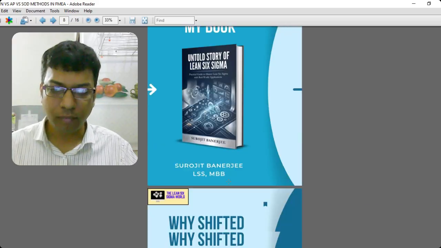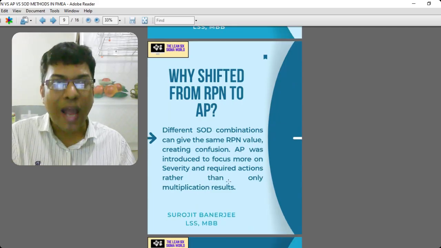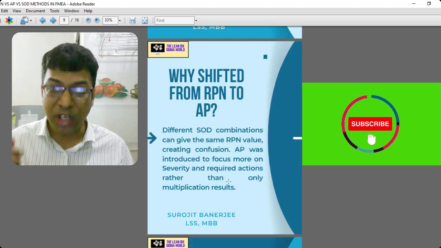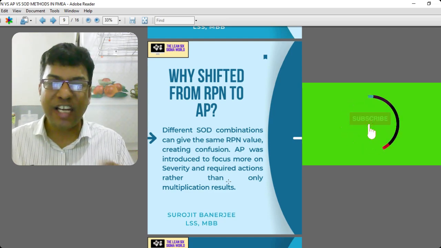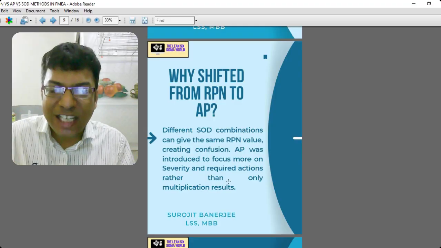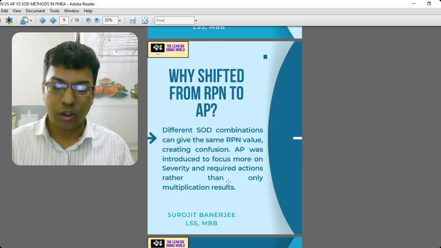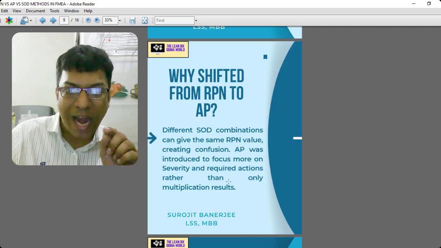Now, we need to understand why we are shifting from RPN to action priority. Because in the RPN number, there is a multiplication of severity, occurrence, and detection. So if you change the combination of SOD, you will get the same RPN number. It creates confusion about which risk you need to attack first.